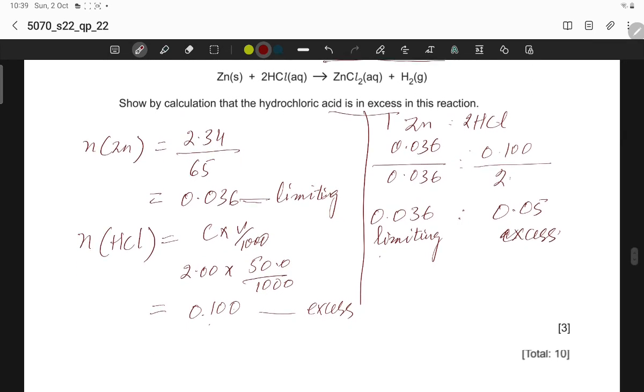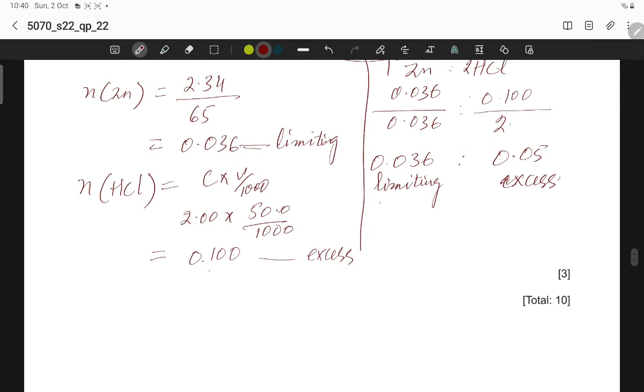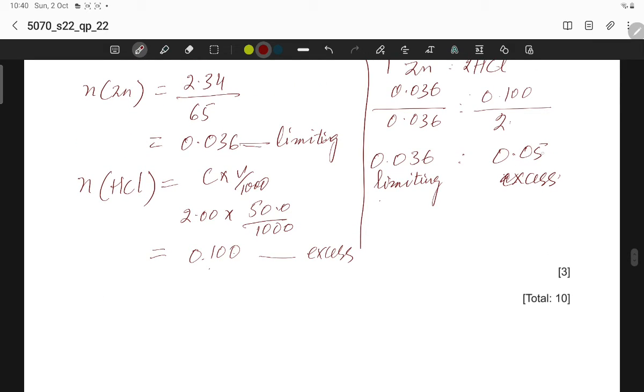And show by calculation acid is in excess. So acid is in excess because 0.1 mole of acid would react with 0.05 mole of zinc.